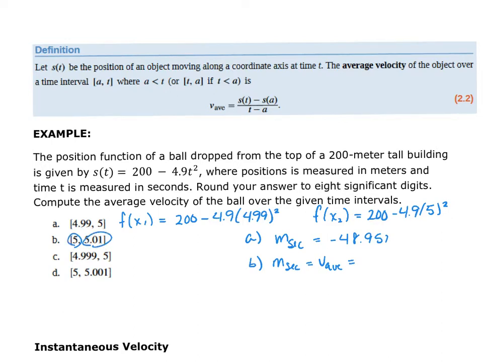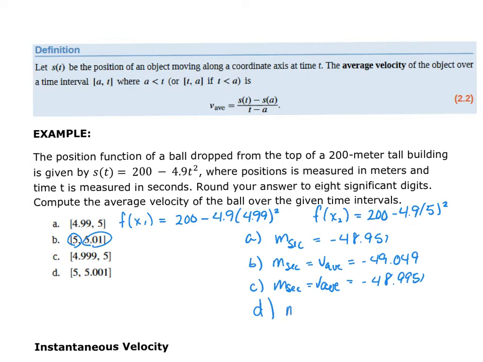And I calculated it out to be negative 49.049. So let's do C, slope of the secant, which is the average velocity, which I calculated to be negative 48.9951.